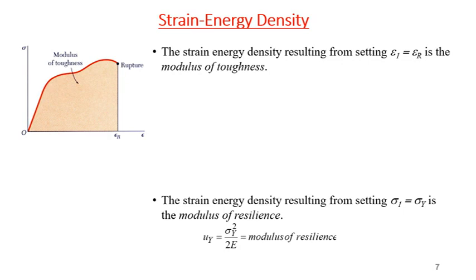So this amount of energy is required to break that material or member. Let's suppose this is the stress strain curve of some ductile material. If you suddenly apply this amount of energy, it will break. And this material property is known as the modulus of toughness.